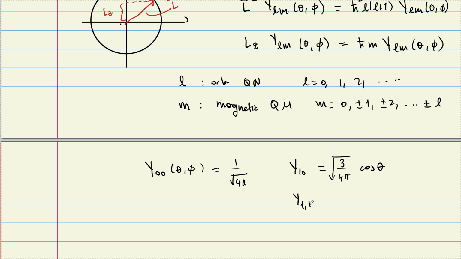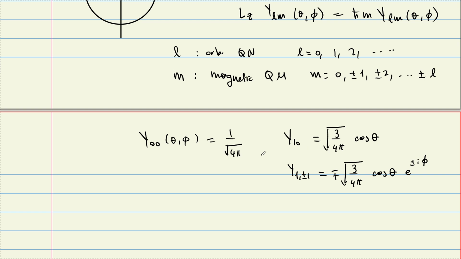Y_1 plus or minus 1 is equal to minus or plus exactly the same factor times e to the plus or minus i phi. Maybe I can write the second one. Y_20 is equal to root 5 over 16 pi, and this is 3 cosine squared theta minus 1.